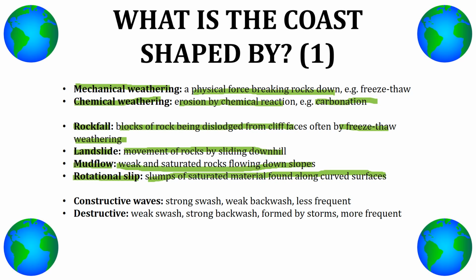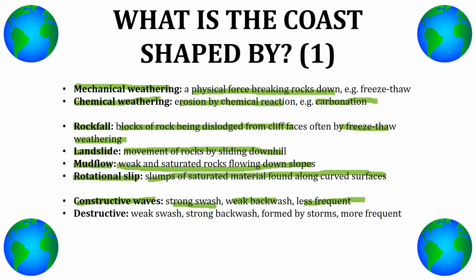Next we've got constructive waves. So these waves have a strong swash, a weak backwash, and they're less frequent. So the strong swash means that it deposits material on the beach, and it forms a beach berm.